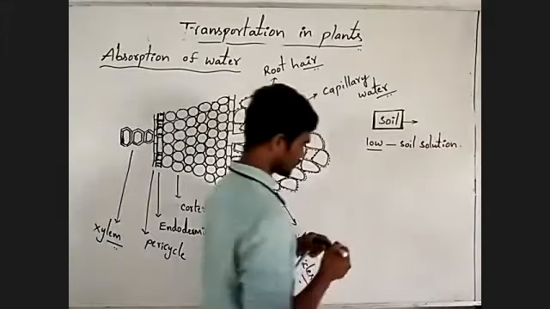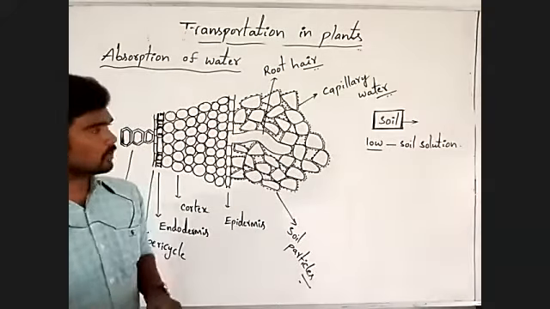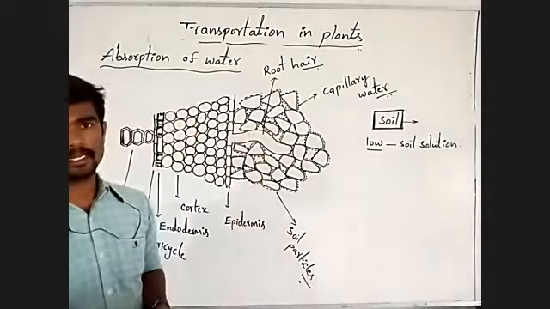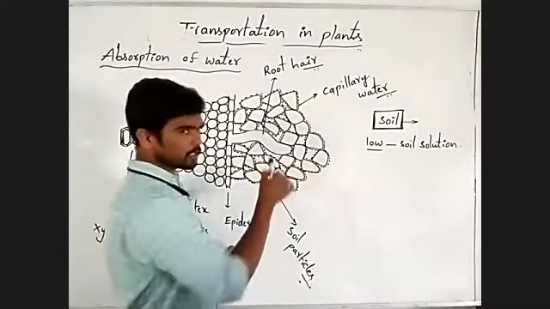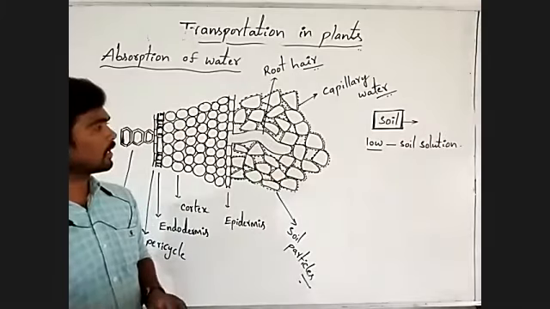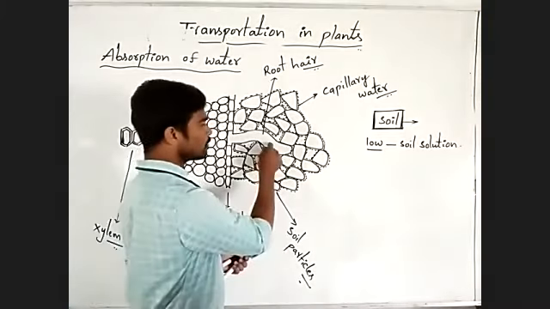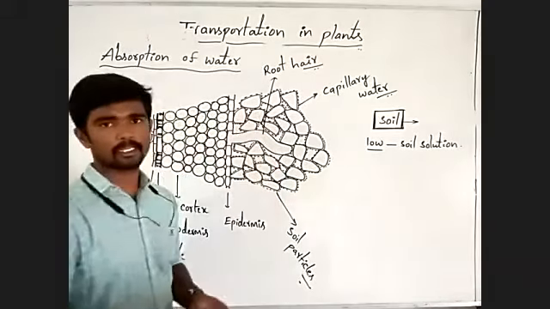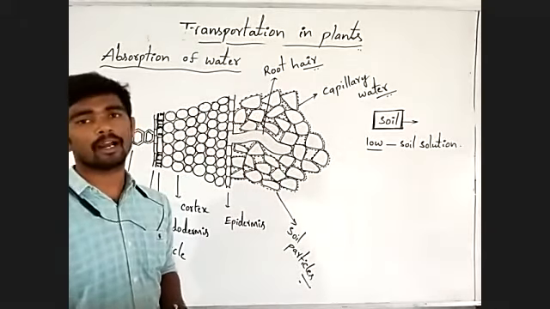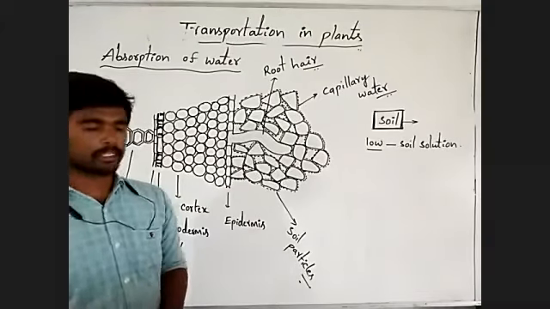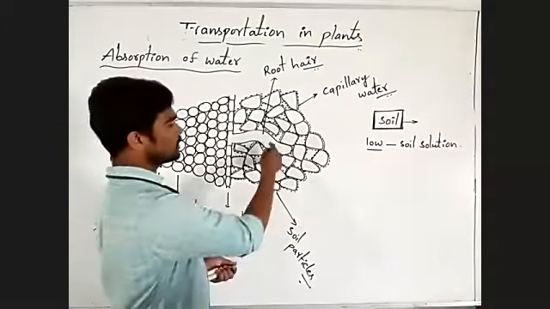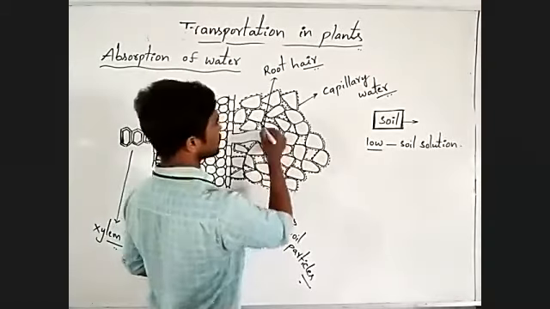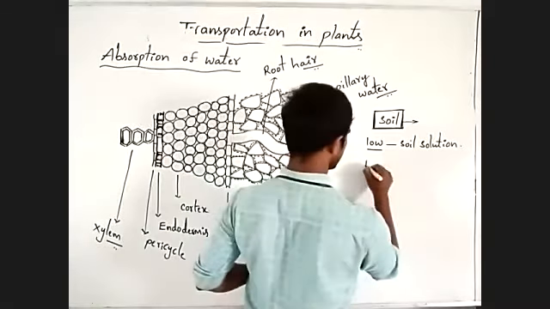Next, inside of the root hair, due to different types of metabolic activity, the concentration of the cell sap of the root hair is high. There are a number of solutes inside the root hair.